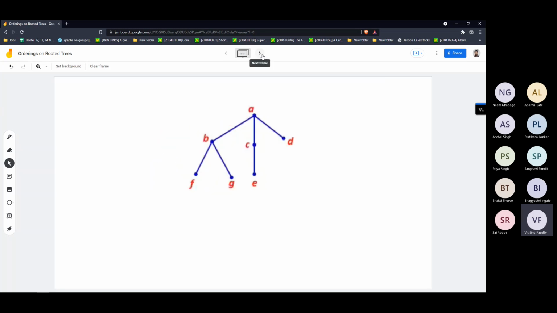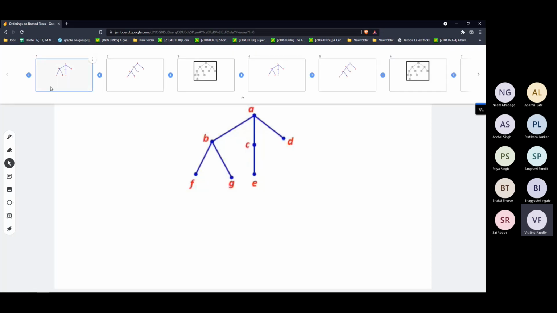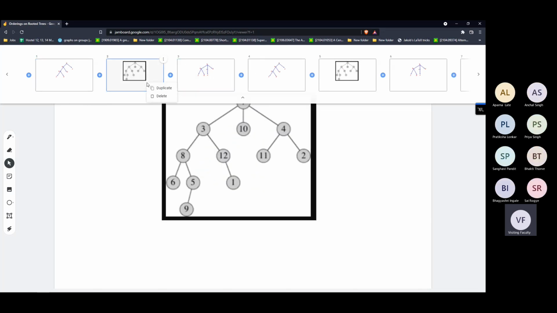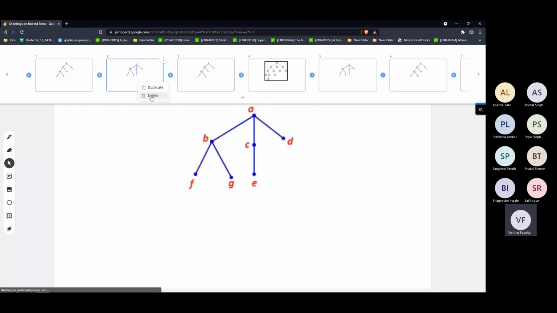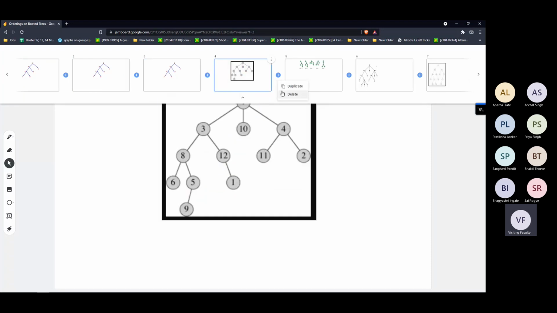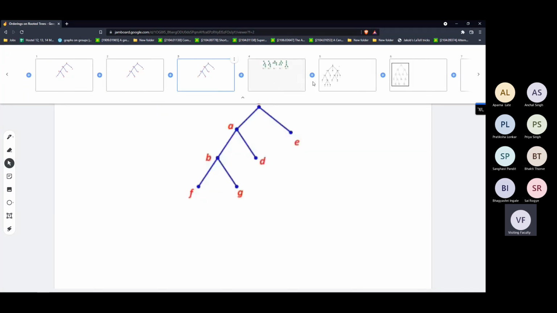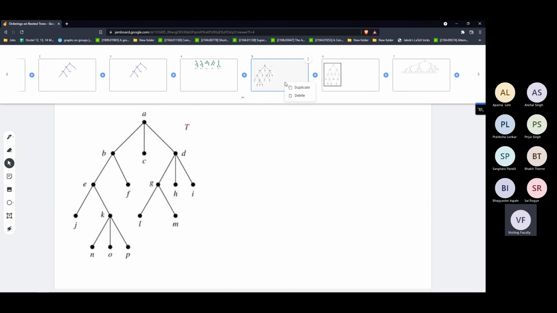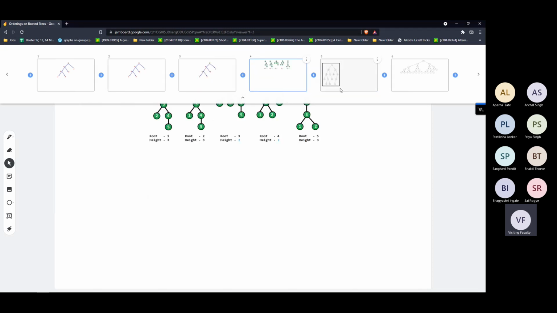We are only interested in trees which have left and right children, but not middle children. So this is a middle child, I'll remove this. This one also has a middle child, so I'll remove this. Here we can manage this one. Okay, good enough.